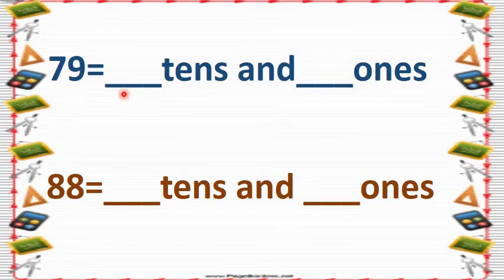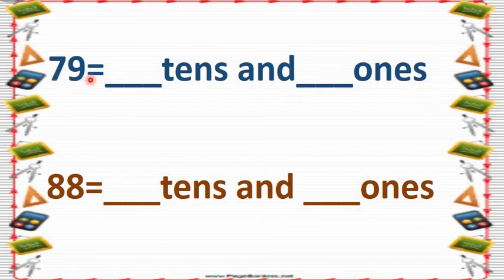79 is equal to dash tens and dash ones. What do you say? How can we write this? How can we separate number 79 in the form of tens and ones? First of all, we have to write number 7. Where we have to write it?